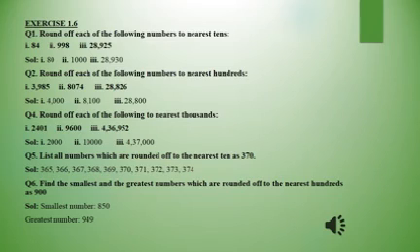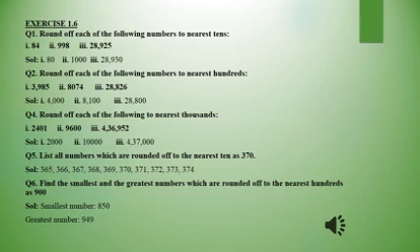Next is question number 6. Find the smallest and the greatest numbers which are rounded off to the nearest hundreds as 900. That is, we have to find that smallest number which when rounded off to the nearest hundred gives the answer as 900, and the largest number which also when rounded off to the nearest hundred gives the answer as 900.